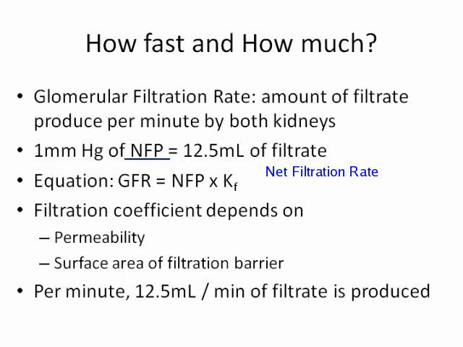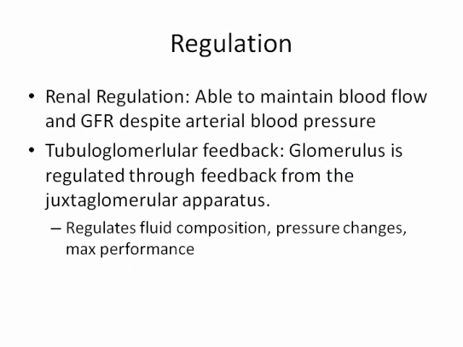So, what exactly is regulating this 12.5 milliliters of filtrate that is being produced every minute by both kidneys? Well, what it comes down to is really a negative feedback system. You have the tubuloglomerular feedback.